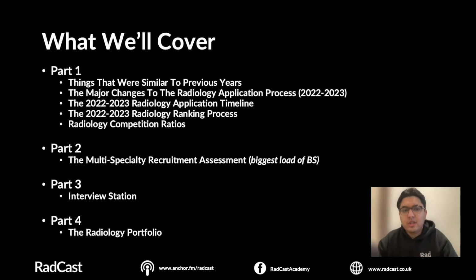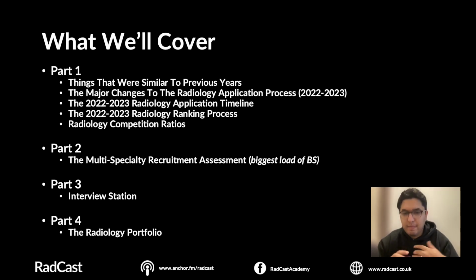So as I mentioned, four parts, four main aspects of the application process. In this part of the series, we're going to be covering things that were similar to previous cycles, the major changes, which is pretty much one, and it was quite a big one when it came to the 2022-2023 application cycle.